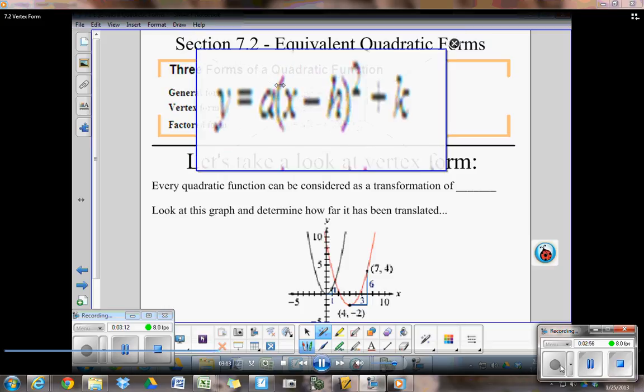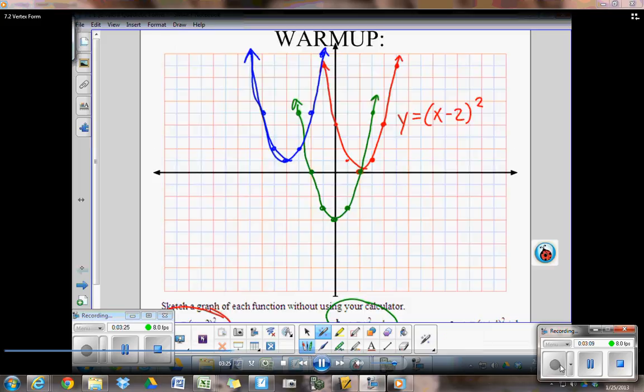The next form is known as vertex form, and this is the one that we used a lot in Unit 4. In x minus h, the h tells us how far it shifts horizontally, and in plus k, the k tells us how far it shifted vertically. We saw this in the warm-up. All three of these parabolas were in what's called vertex form. It tells you where the vertex moved.